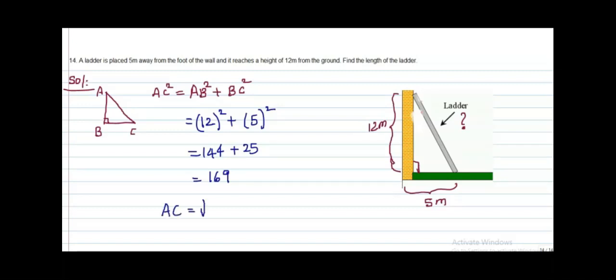Or AC is equal to root of 169. As we are dealing with measures of the triangles, we are going to take the principal square root of 169, which is 13 meters. So the length of the ladder is 13 meters.